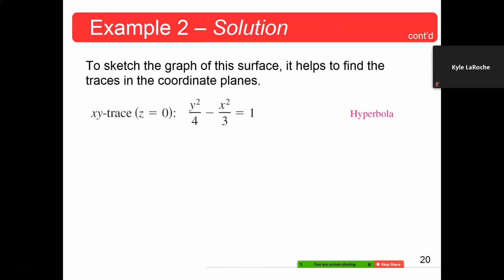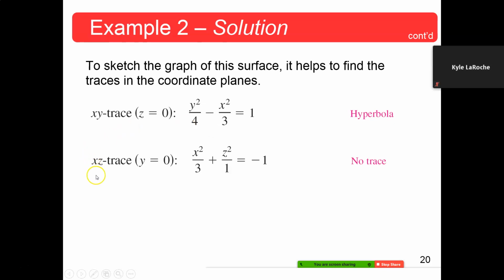So to sketch the graph of this surface, it helps to find the traces on the coordinate planes. In the xy plane, that's where z is equal to 0, you get a hyperbola, okay? And this is plus or minus 2 here, plus or minus the square root of 3 there.